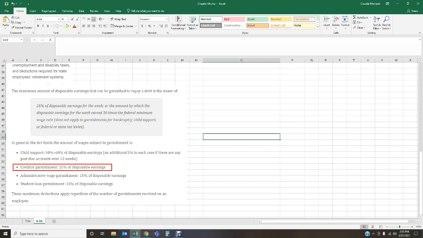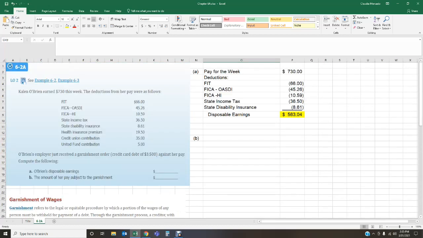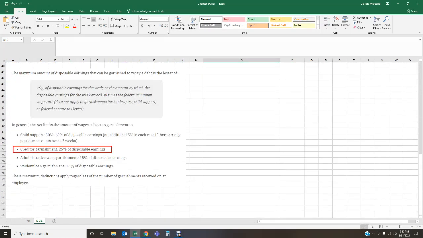These are the limits. We're looking at the 25% because this is a creditor, a credit card company. So what are we going to do? I'm going to get my disposable earnings, which is 563.04, and then my garnishment percentage for credit card, which was 25%. I got that from the table right here.